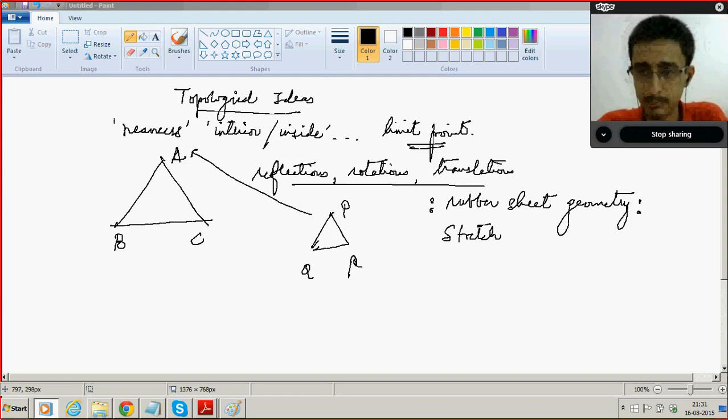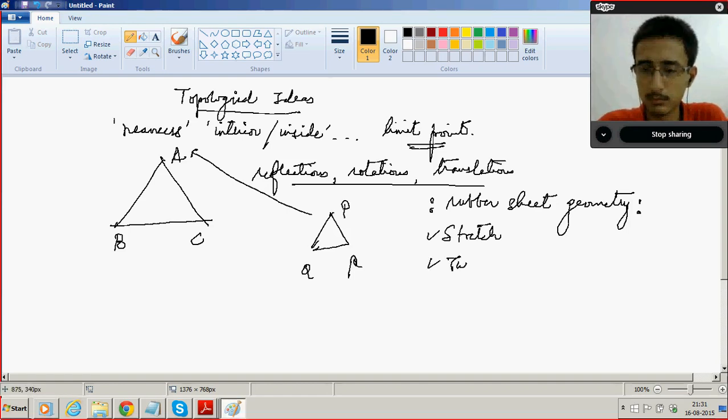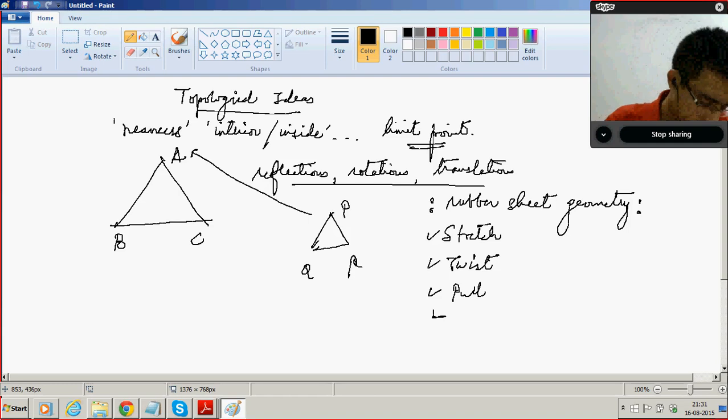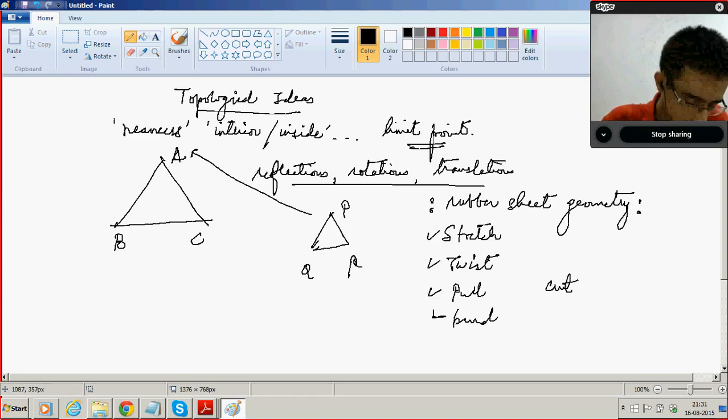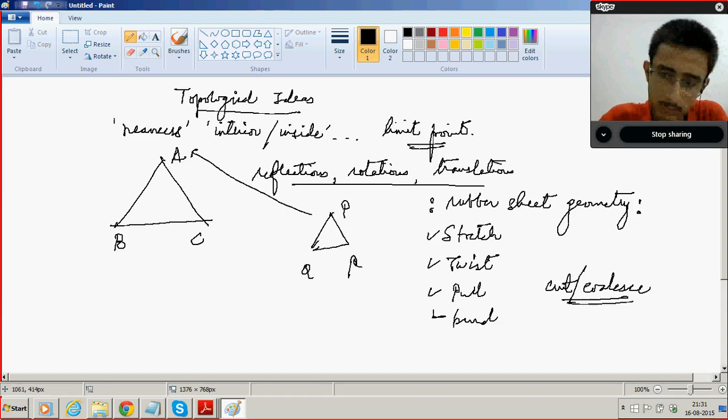So when we stretch the rubber, twist the rubber, pull the rubber, or bend the rubber sheet figure. Stretch, twist, pull, bend, or cut the rubber sheet figure and then coalesce the same points, stitch the same points together again.